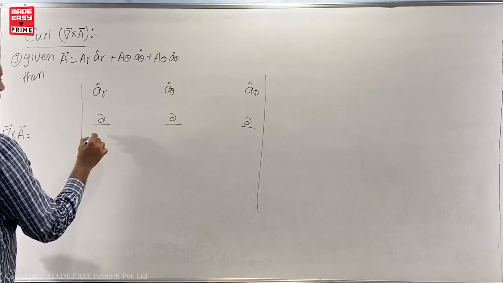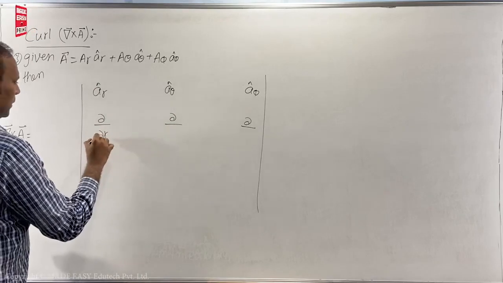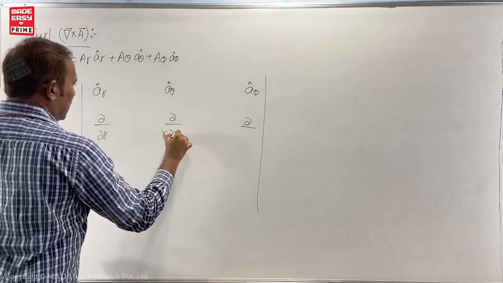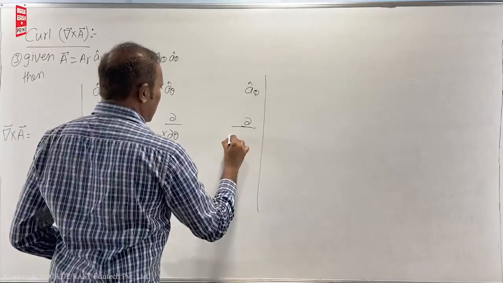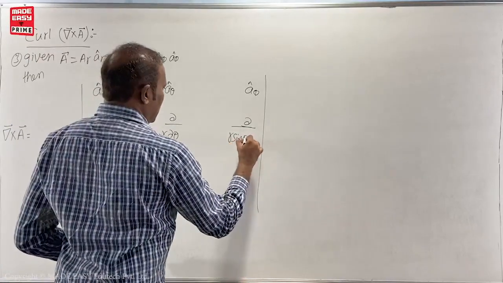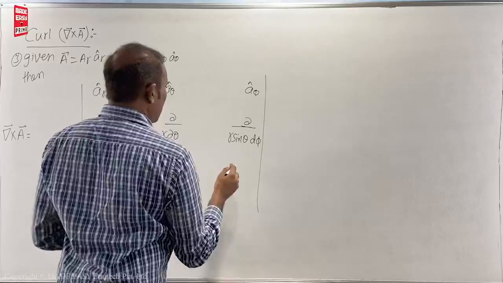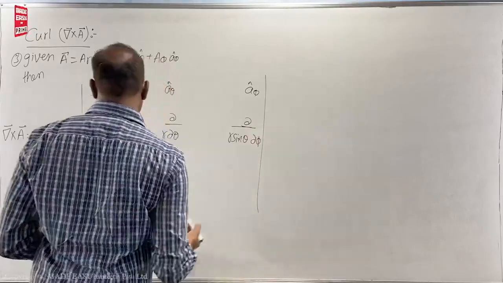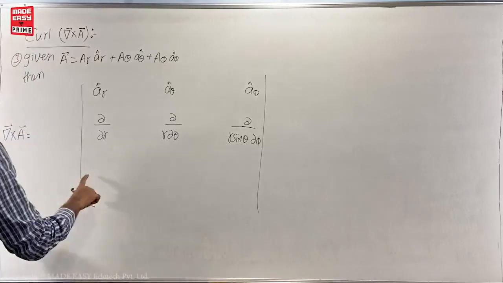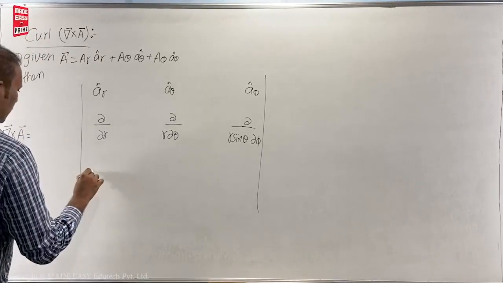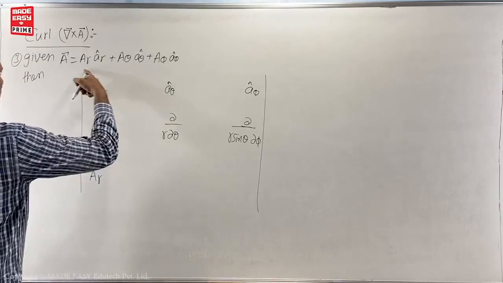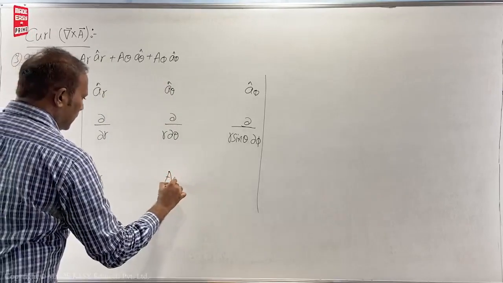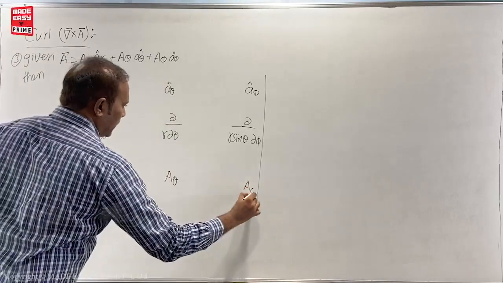The differential length in R direction is dou R, then R d theta, and here the differential length is R sin theta into dou phi. In the third row you have to write the coefficients of this vector: A R, A theta and A phi.